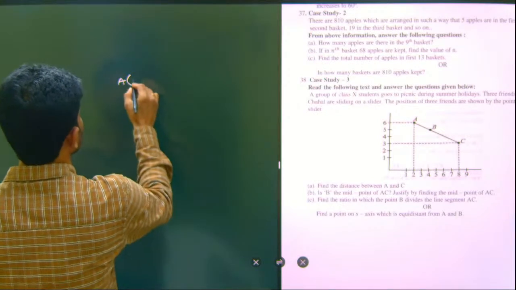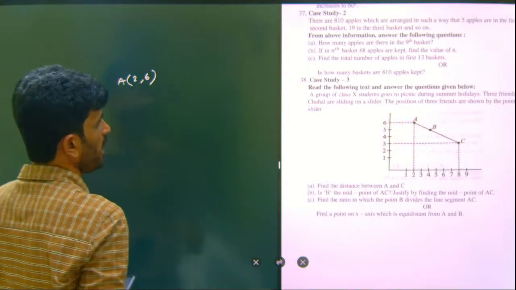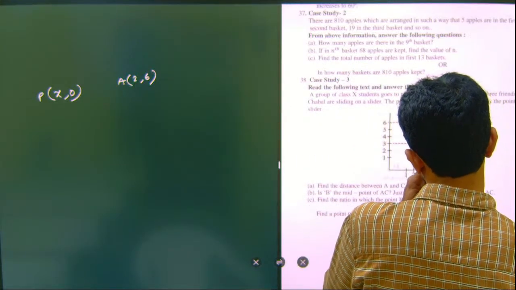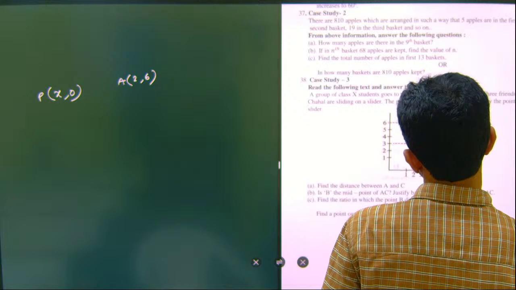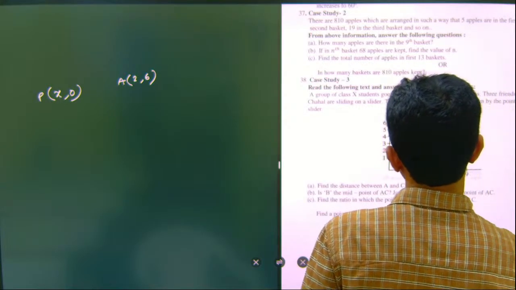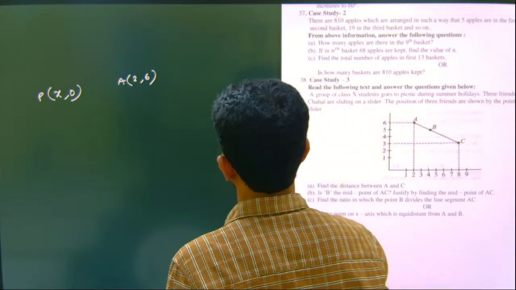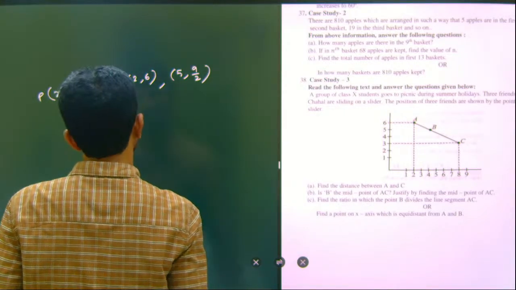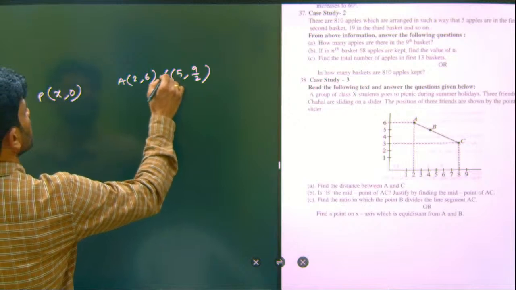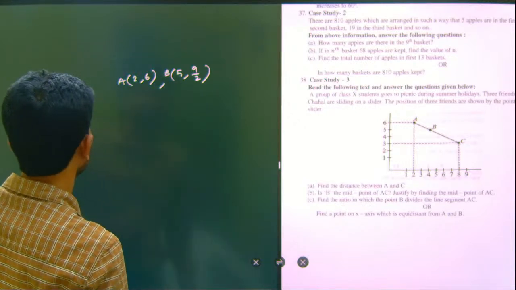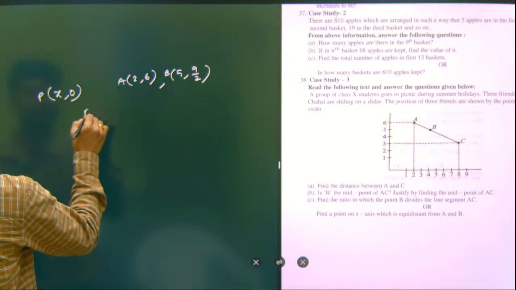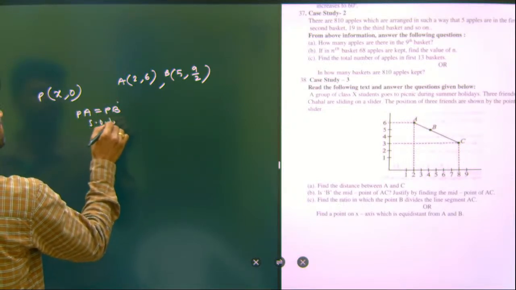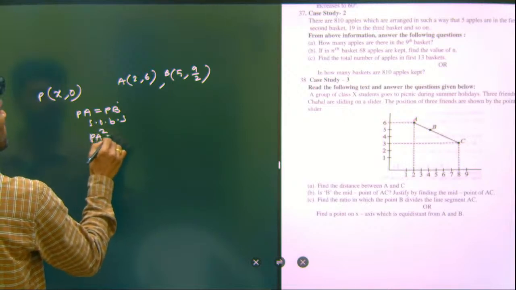A is 2 comma 6 and B is 5 comma 4.5, or 9/2. We want equidistant, so we know PA is equal to PB. Squaring on both sides, PA square is equal to PB square.